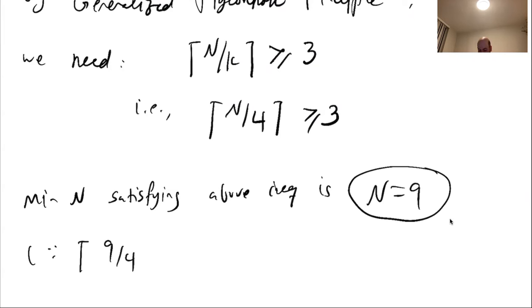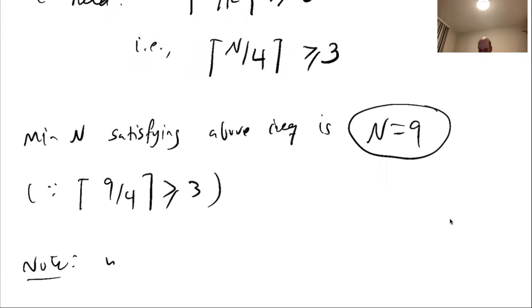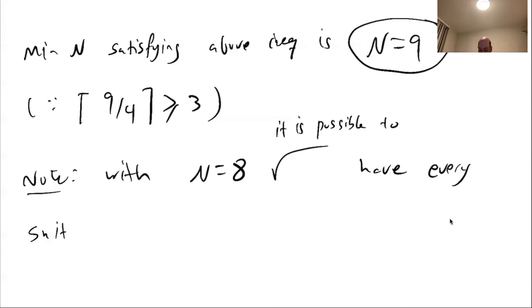Ceiling of 9 over 4 is bigger than or equal to 3. Note, with n equals 8, it is possible to have every suit with 2 cards.